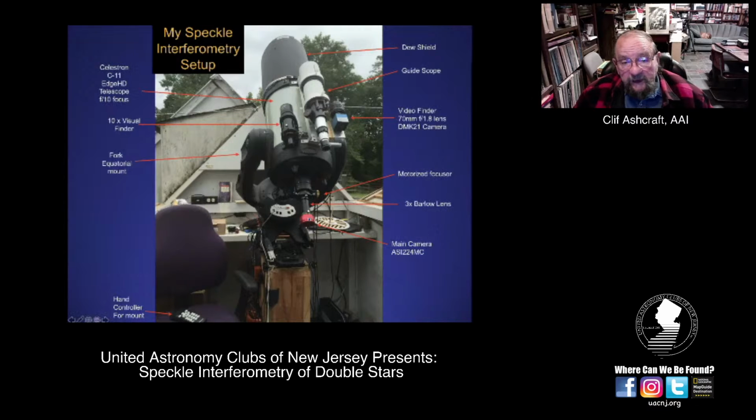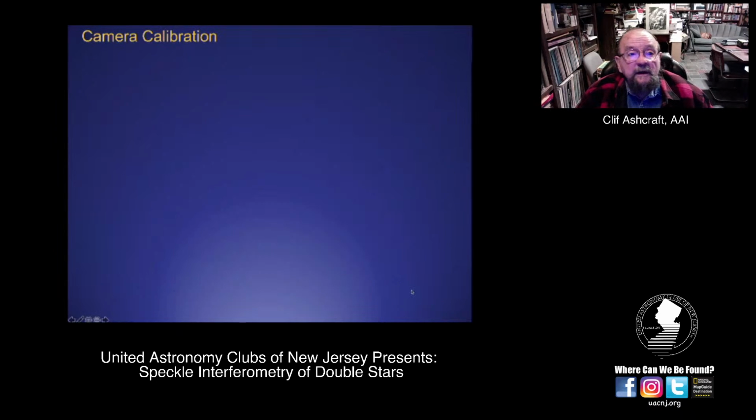The main camera is an ASI 224MC, and there's my hand controller for the mount. My computer is over here to the side of this observatory room, close to, but convenient to get USB cables and the like over to it.